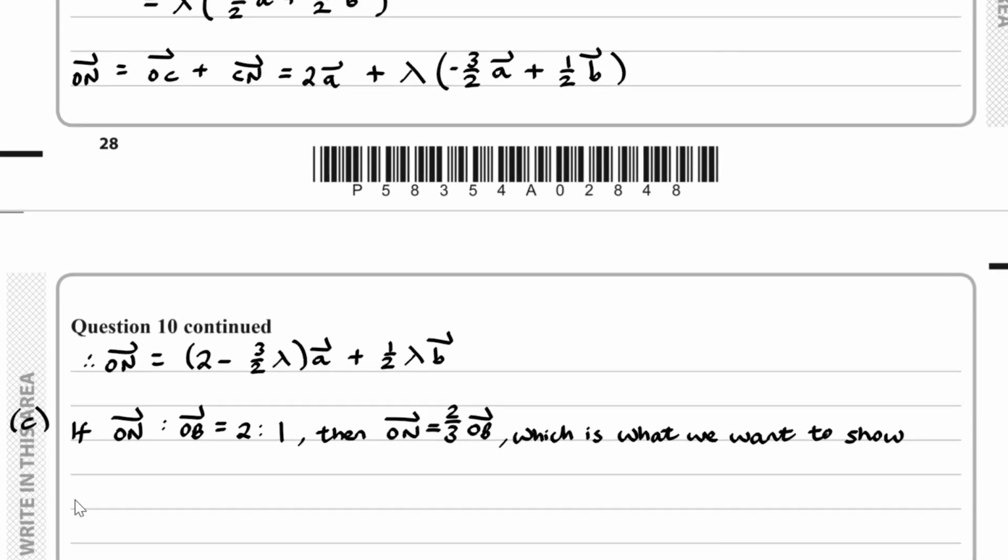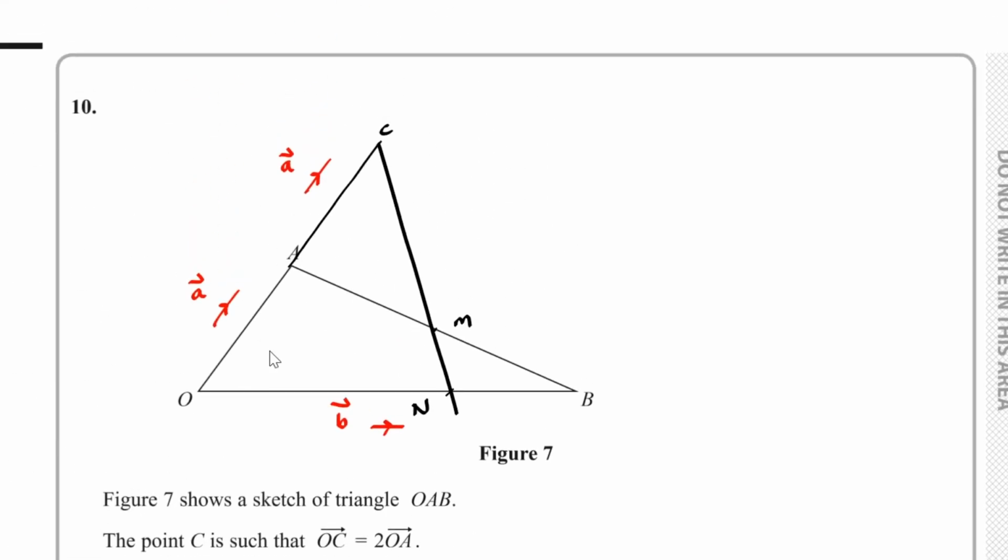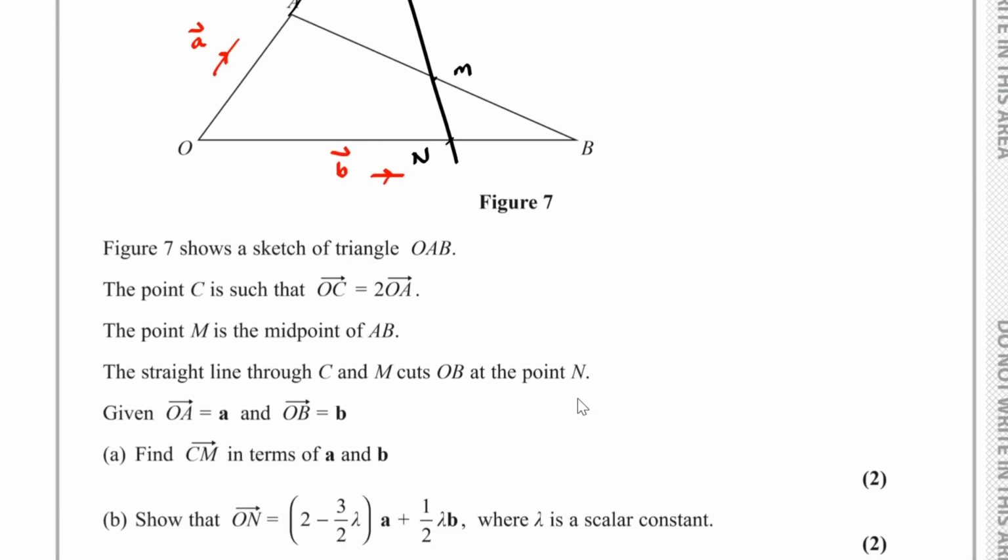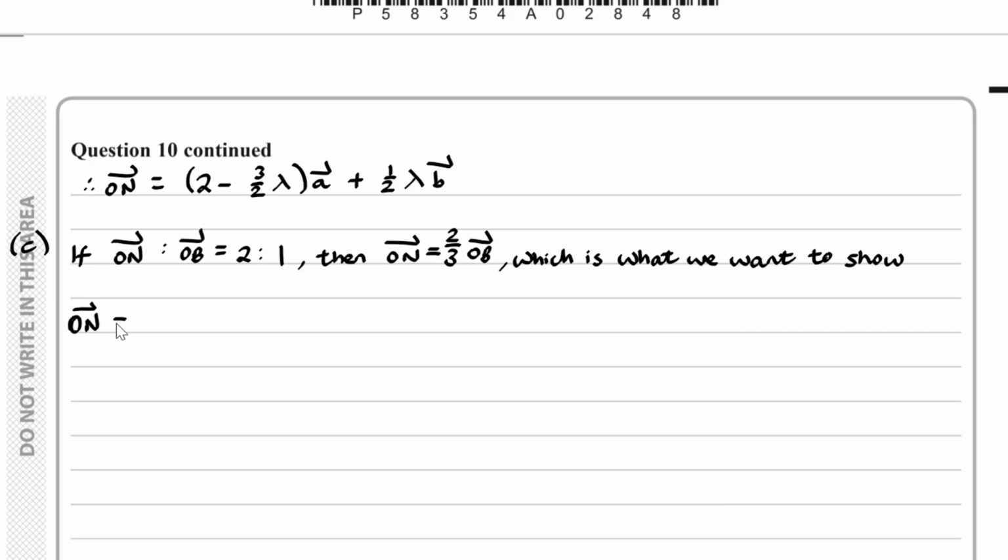Now ON, if you compare that to what OB is, N lies on OB, so ONB is a straight line, and therefore ON is equal to some multiple lots of OB. We'll call that multiple T. So here we have ON equals T lots of OB for some scalar T.